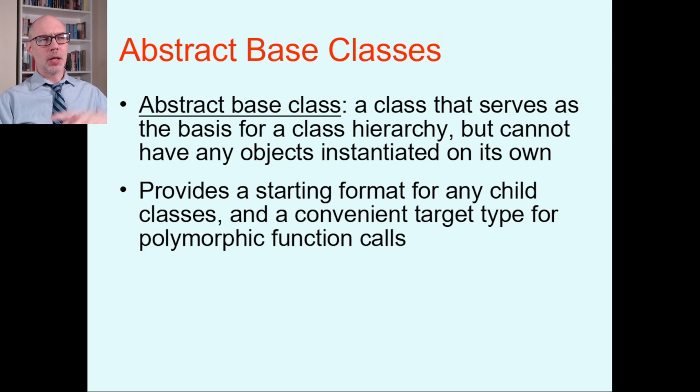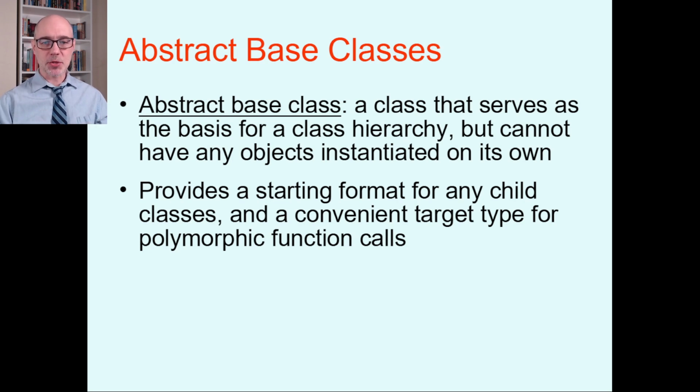And maybe we'll be sure to build a parent class at the top just for that purpose, just to have a common linkage between a whole bunch of classes. And maybe we'll set it up that we're not even interested in instantiating objects of that type. We're only going to use it as a pointer or a reference. So you can do that in C++.